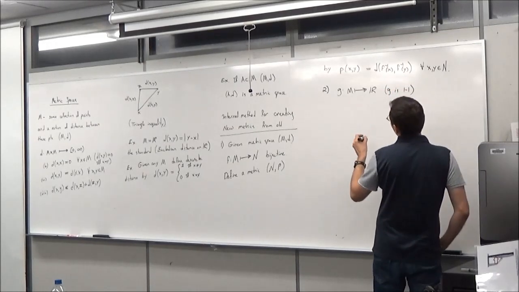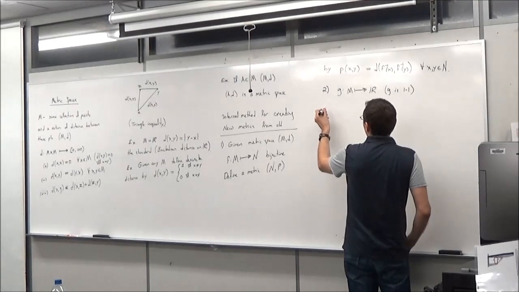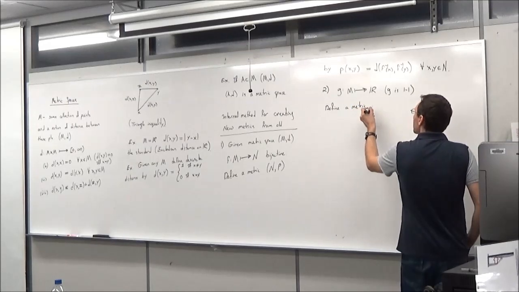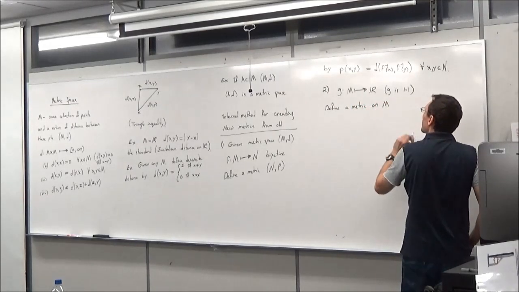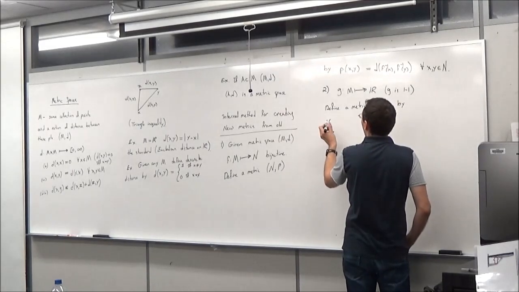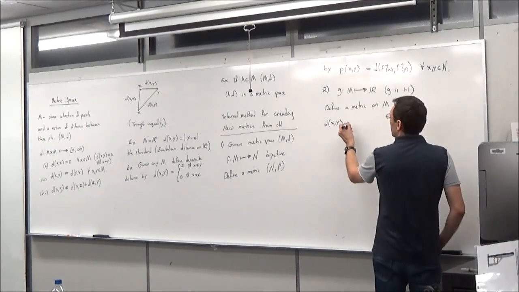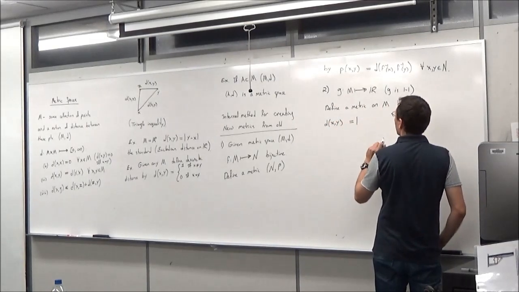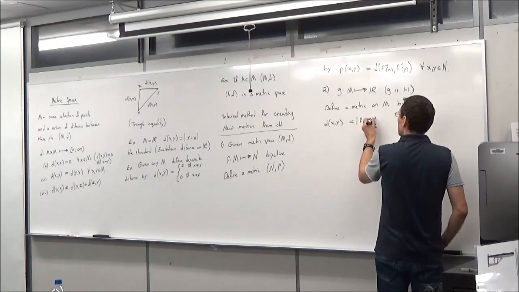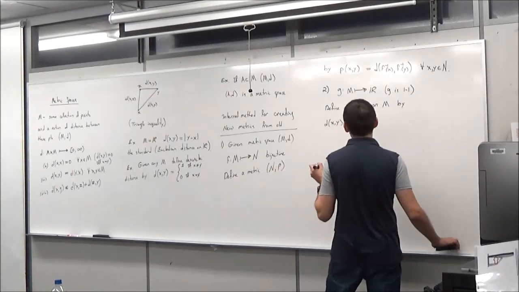So what I can then define is a metric on M by stating that the distance from x to y in M will be simply the absolute value of g of x minus g of y.